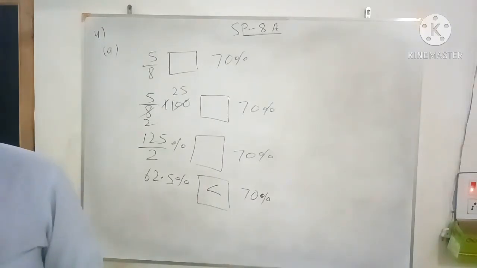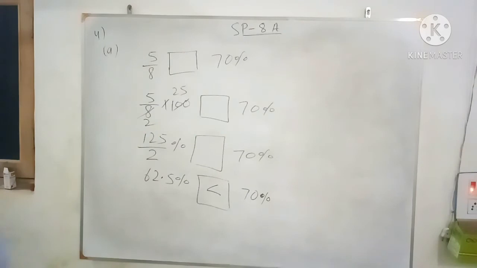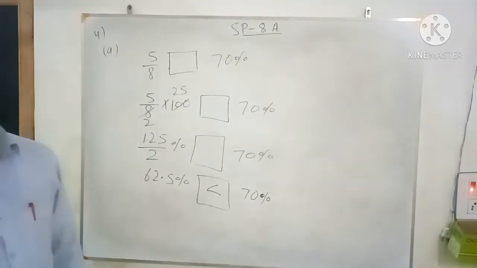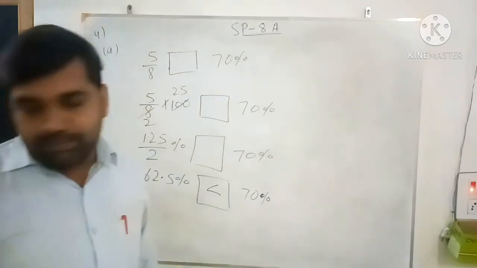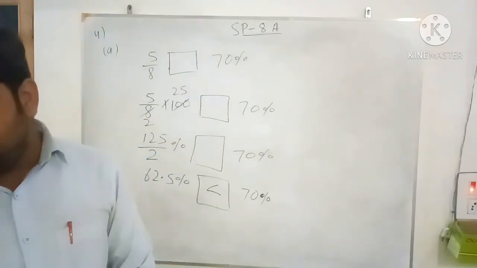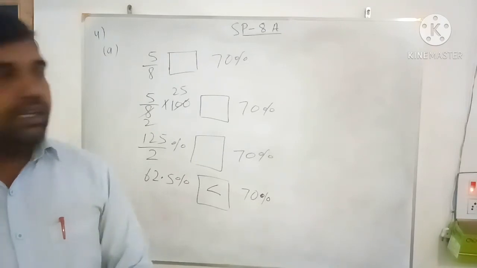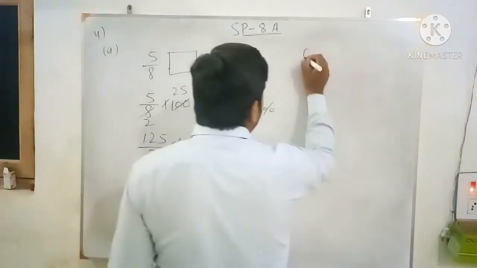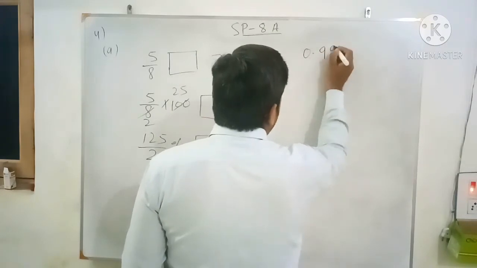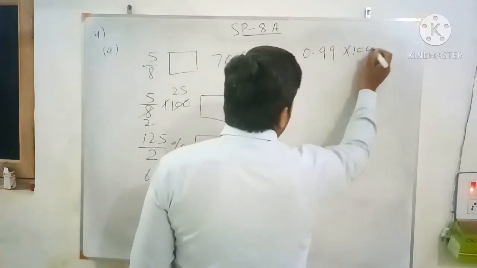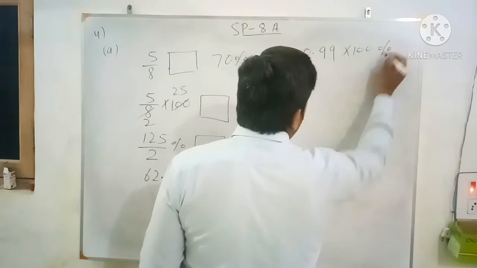Similarly, you can do the remaining questions. 0.99, see that is 0.99, 100%. So in decimal we multiply 0.99 by 100. When you multiply 0.99 by 100 you will get 99%. So how is a decimal number converted into percentage? Multiply the decimal number by 100, it will be converted into the percentage.